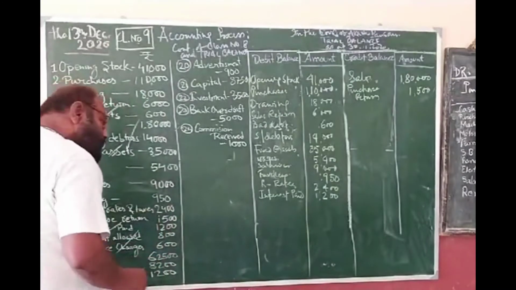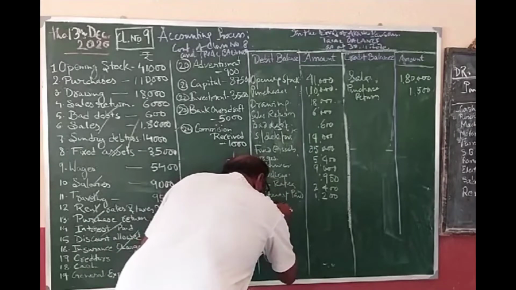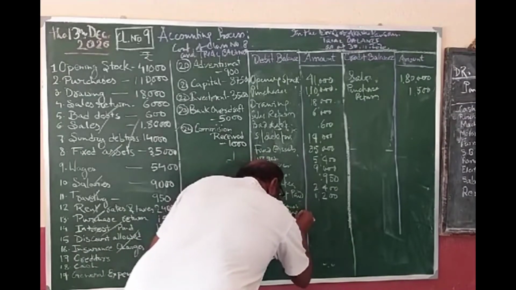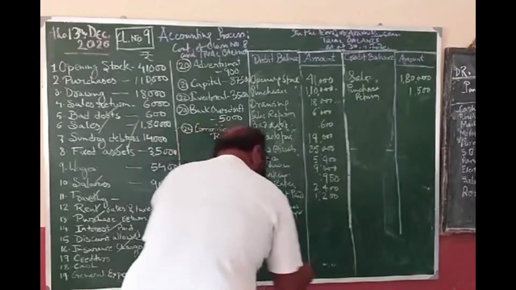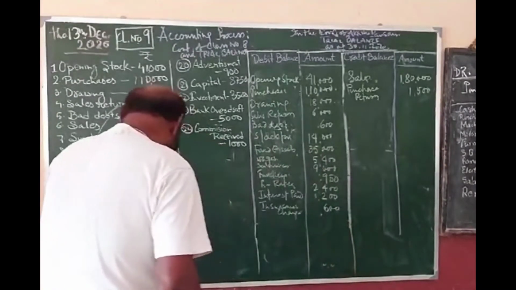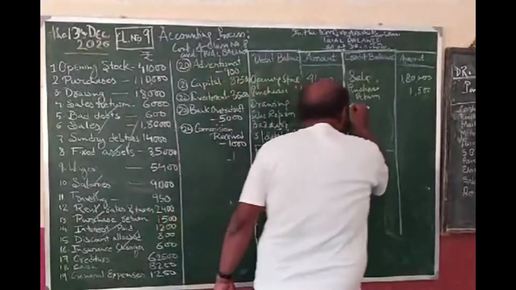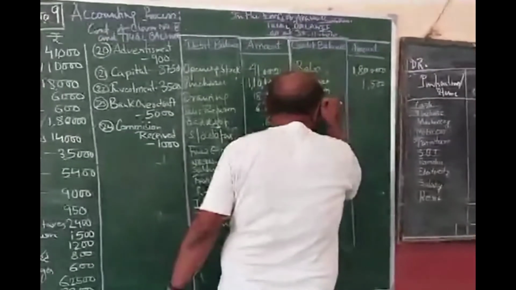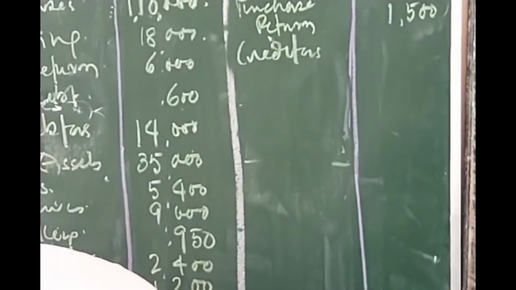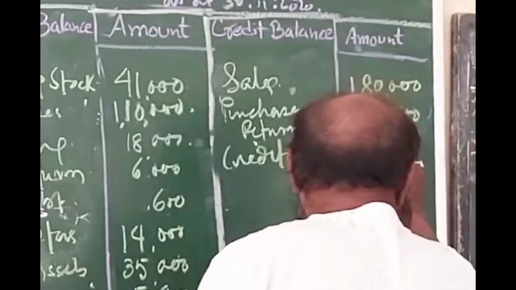Insurance charge. Insurance charge is your premium, so it is your expense. Insurance charges. How much? 600. Creditor. I have already told you, if debtors is debit, creditors should be credit. Creditors, how much paying? 62,500. 62,000.